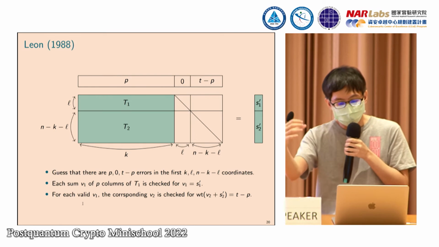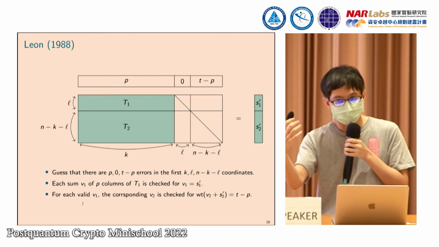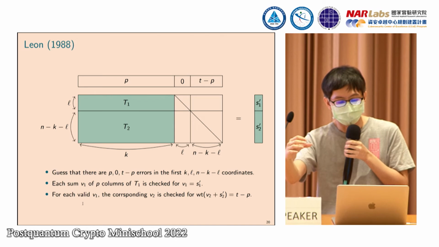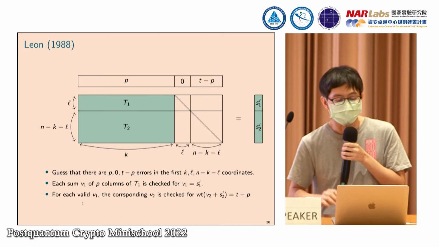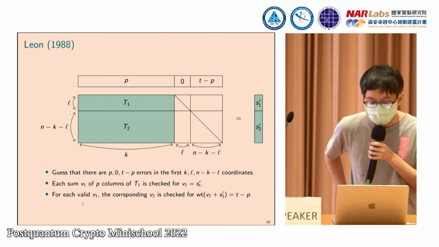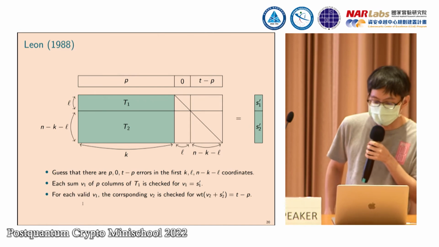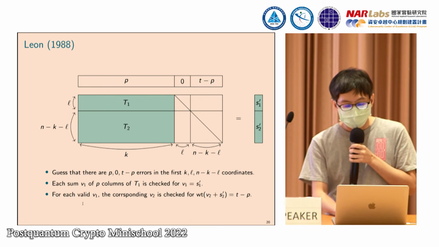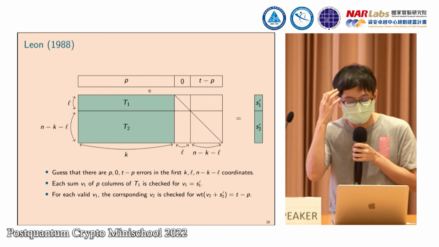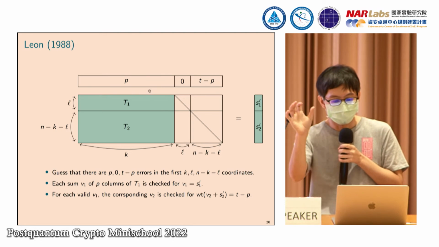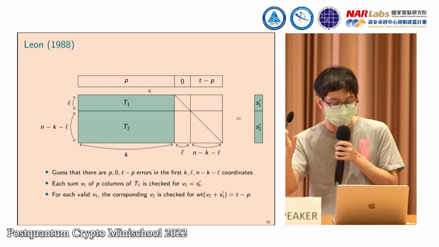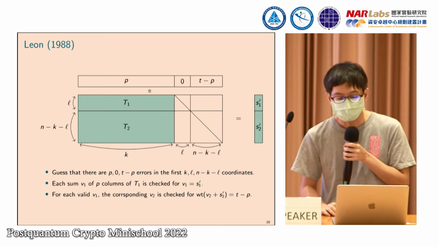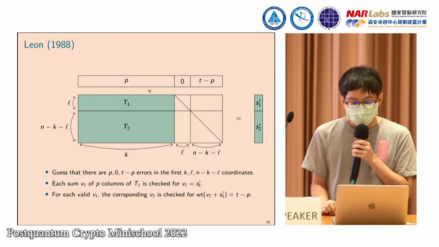And then only if you find a solution for that problem, you continue to check if your solution fits the second row block also. And in Leon, we consider an error distribution having p, 0 and t minus p in the k, l, and n minus k minus l entries.